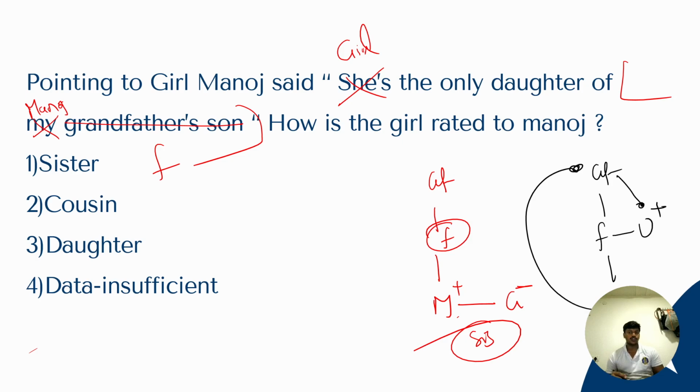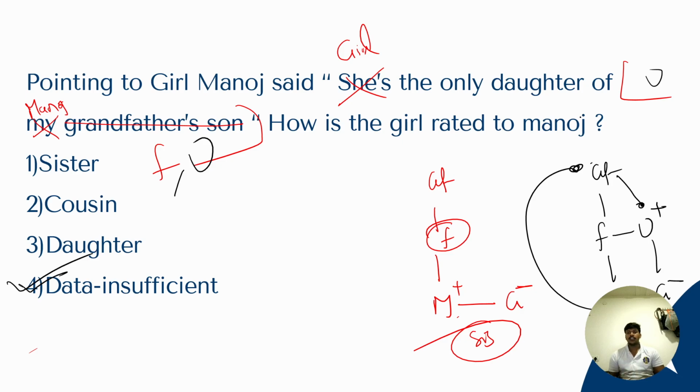So in the second possibility, if you solve Manoj's grandfather's son, you got stuck at U. And if you read it once again, the girl is the only daughter of U. So the girl is going to be here. In this case, the answer is cousin. That's why for this particular problem, as we don't know how many sons Manoj's grandfather has, the answer is going to be data insufficient because we're having two possibilities.